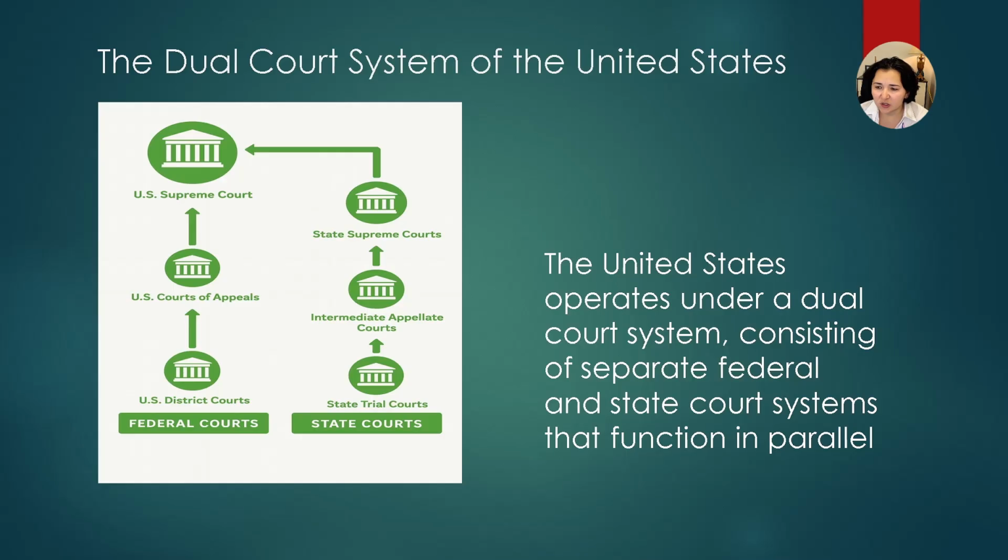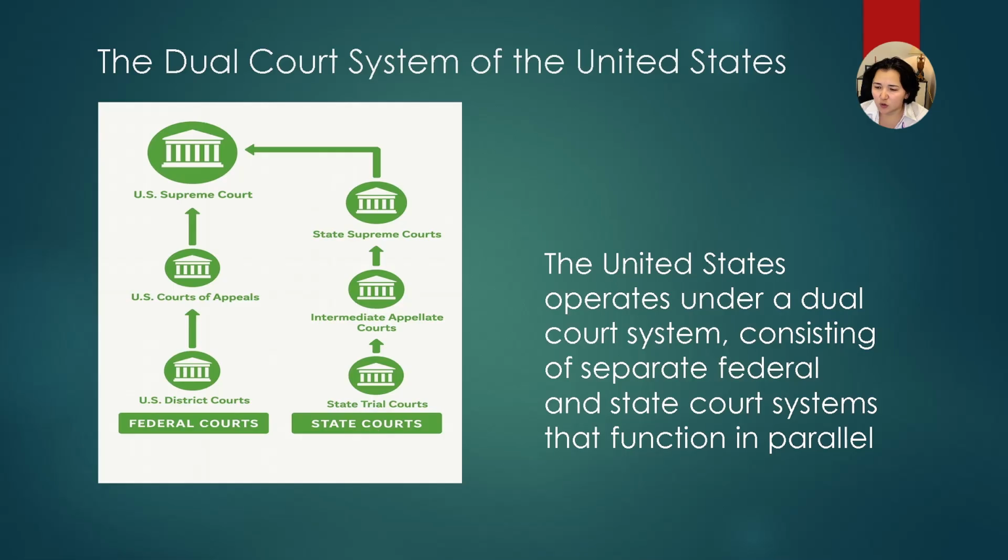At its core, the judicial system of the United States has a clear and logical structure. It consists of three levels. Please take a look at the diagram. At the first level, you can see the trial courts, where cases are heard and decided on the merits. The second is the appellate courts, and then the Supreme Court, which is the highest judicial authority in the country.